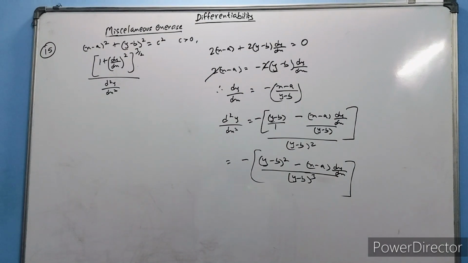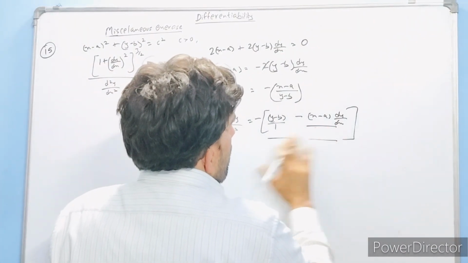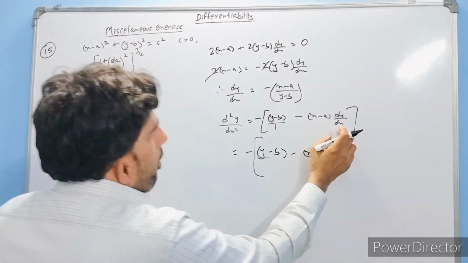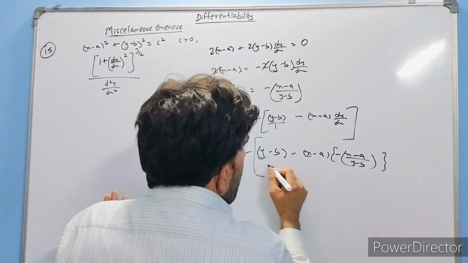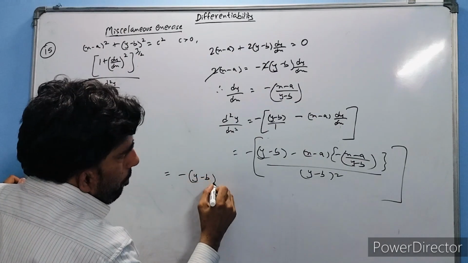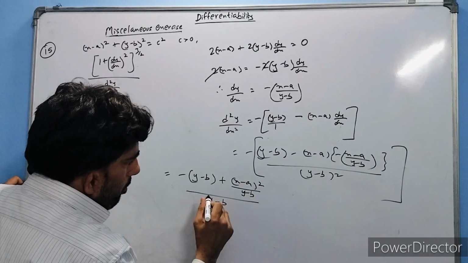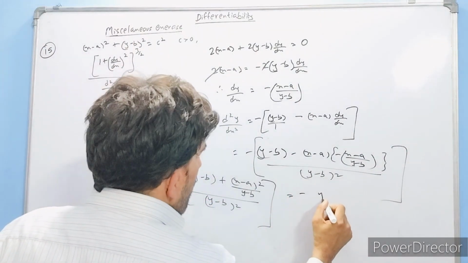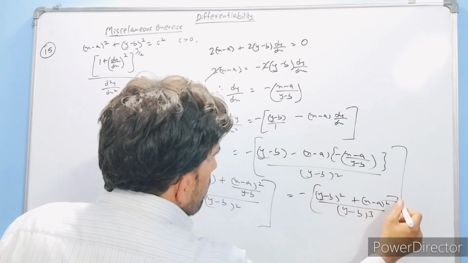Let us put the value here: minus (y − b) minus (x − a), and we put the value of dy/dx here, which is −(x − a)/(y − b), upon (y − b)². So it becomes −(y − b) plus (x − a)² over (y − b), upon (y − b)². So we get (y − b)² + (x − a)² upon (y − b)³. Okay, so I have this value.